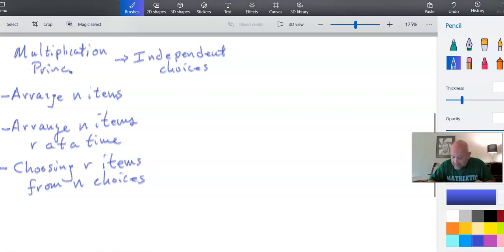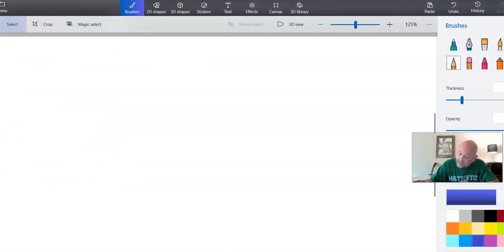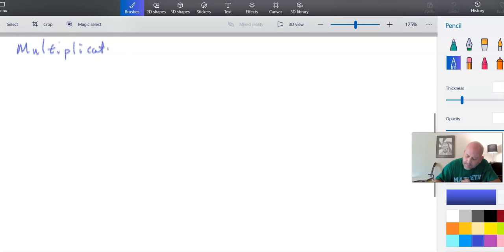So let's go ahead and take a look at some of them. So let's go ahead and delete all of that business. And so we'll start with talking about the multiplication principle. Right?